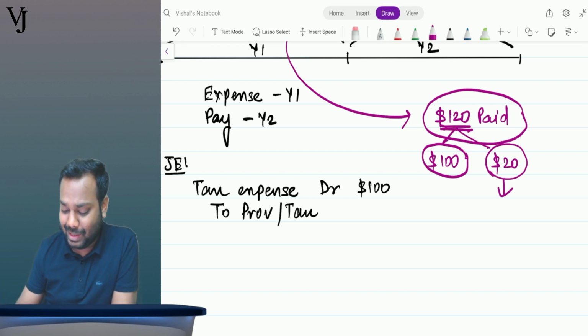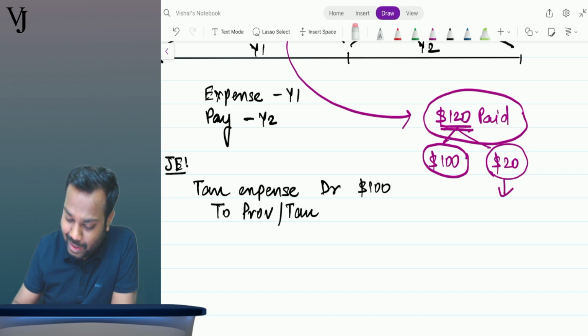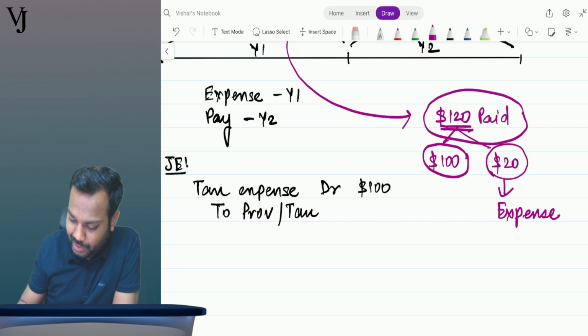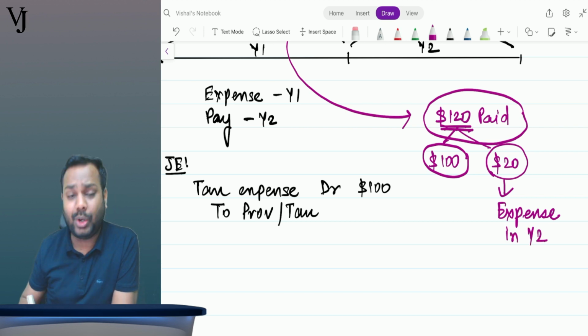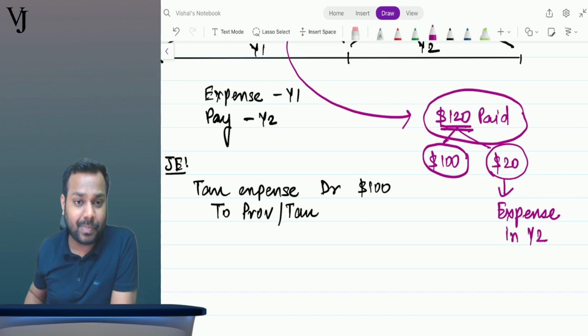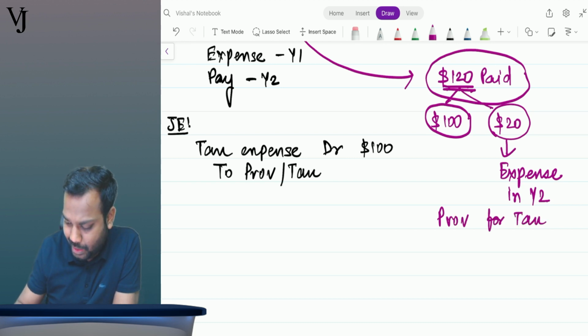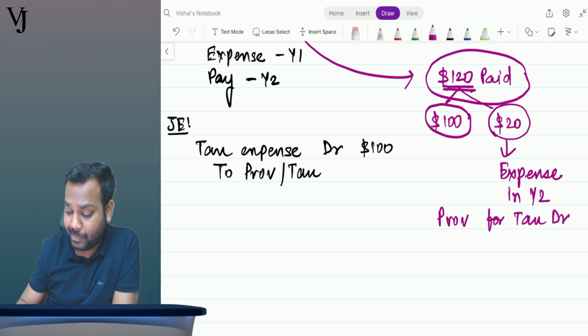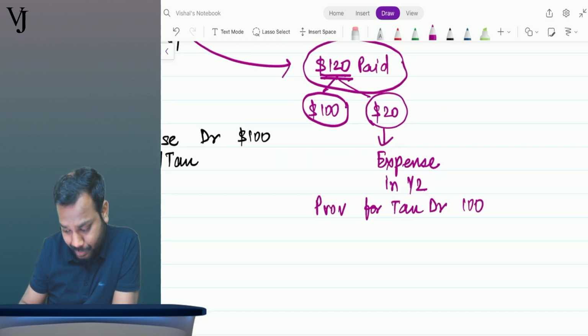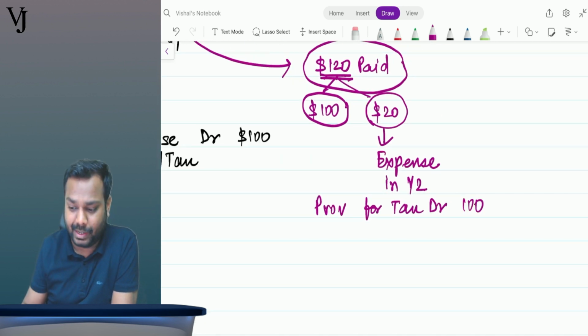Hence what will you do? You will recognize this as an expense in year 2. Sir, what is the journal entry for this? Very good, I will tell you. The journal entry will be provision for tax account debit. Tell me, what is the amount of provision for tax? 100, which was already existing.